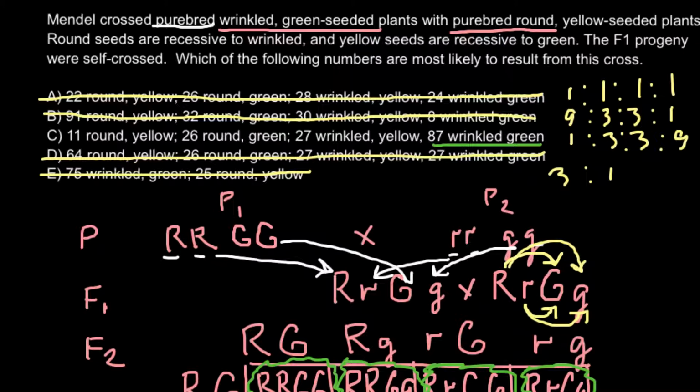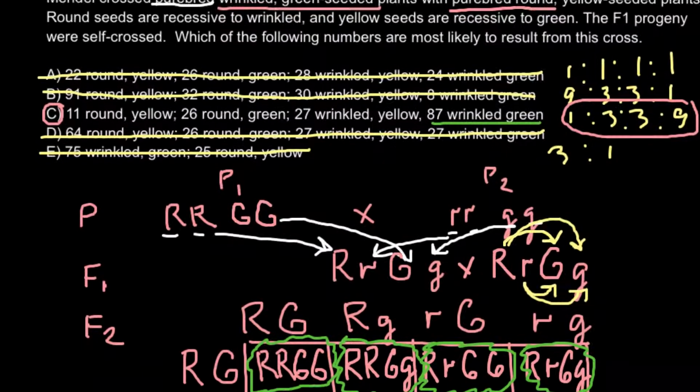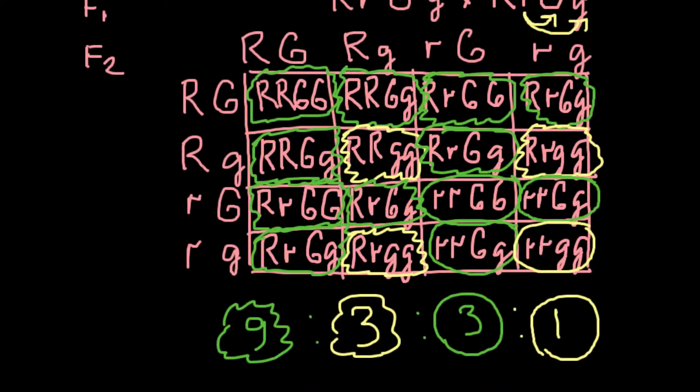But actually order doesn't matter. What matters is the phenotypic ratios. So as you see, our correct answer would be C. And these ratios are exactly the same as we got here.